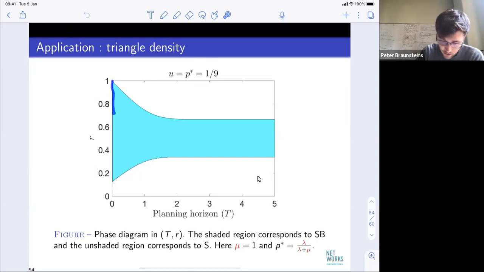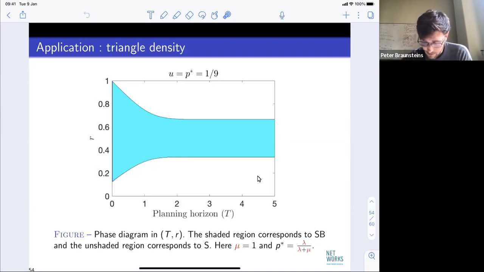That's why this whole region above 1/9 is the blue region. When the time window is very small, a huge number of edges need to be added in a very short period of time, and that's very unlikely. So the least costly way is if fewer edges are added in some special structure. That helps us understand what this is saying.